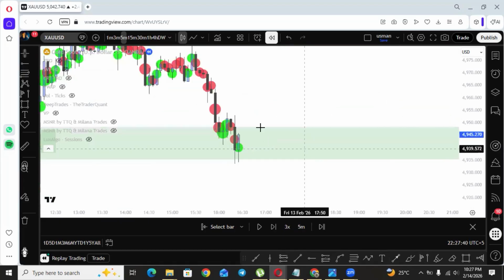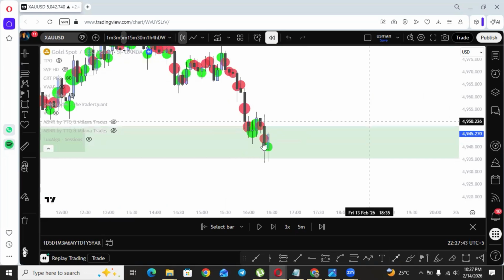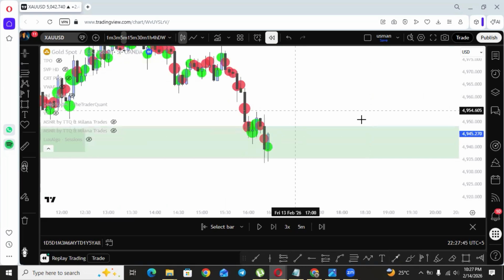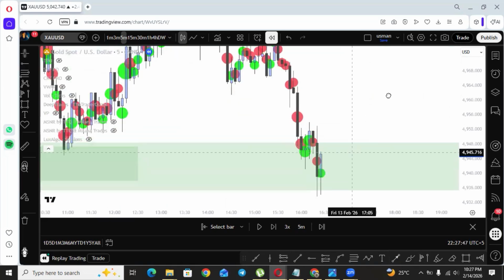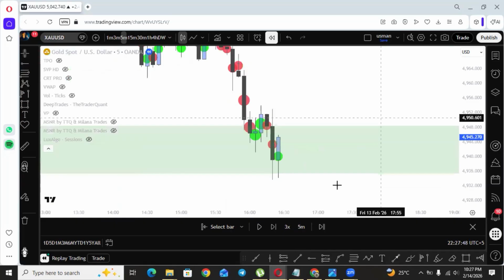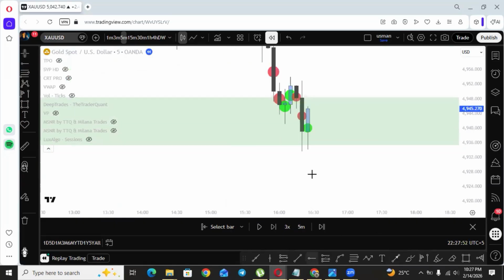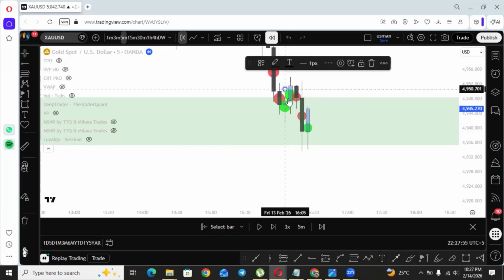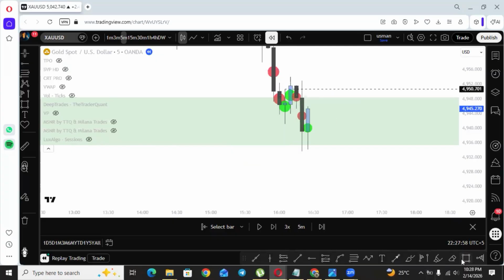So let's come to the point when the market came to this area where we are expecting a potential buy, and the market is trying to show its aggression. If the market closes above this cluster, which was previously absorbed by the sellers, we will expect that buyers have now absorbed the sellers.